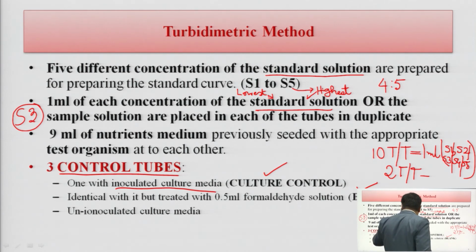The first one with inoculated culture media, that is this culture control tube, ideally should be turbid, because you are adding the culture microorganism, it should grow, the nutrition is fully furnished, the microorganism should grow and turbidity should result.